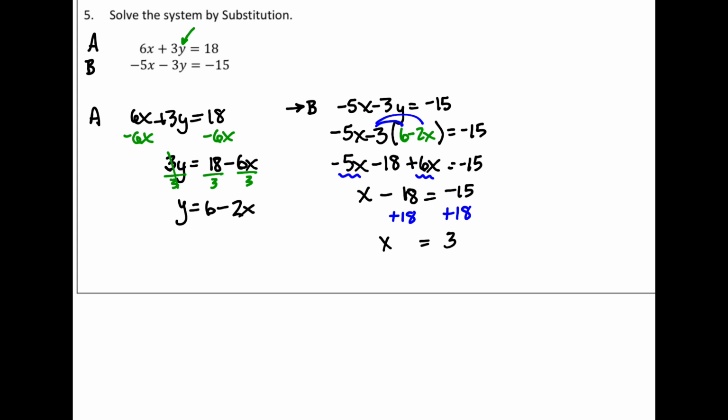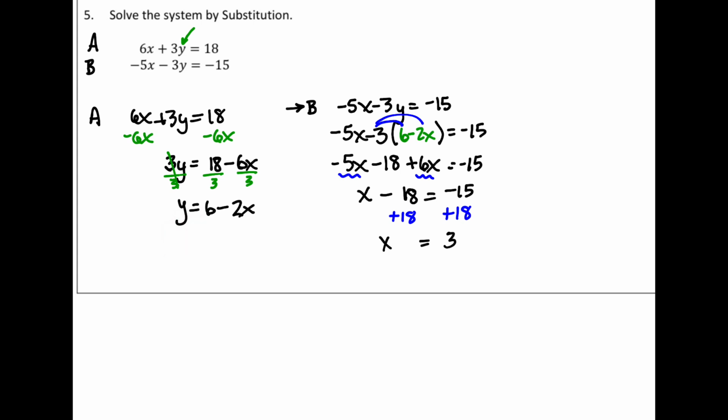Okay, so solve, substitute, solve. So now I'm going to substitute our x value into any equation that has both variables, right? So I have this one, I have this one, and I have this one. That's the one I'm going to use. If you want to call that equation C, you can do that.